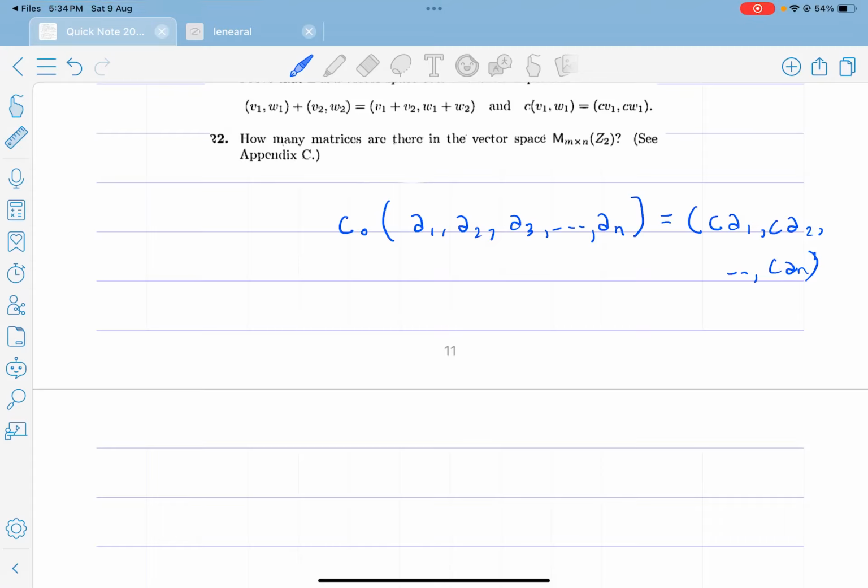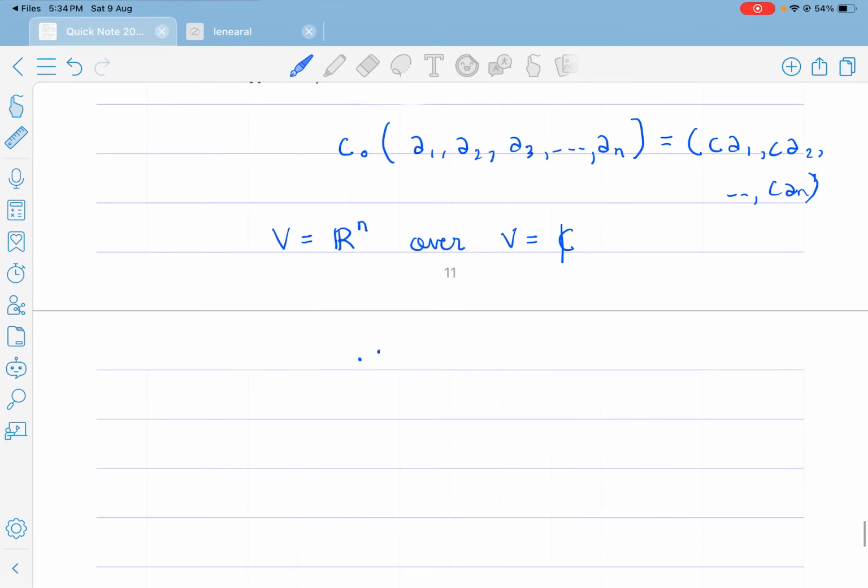This is the dot product, but you see V is R cross R, which you can denote by Rn, and the field F is C, the complex numbers. The dot is from F cross V to V.